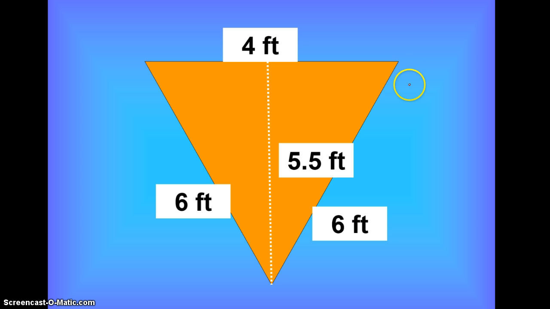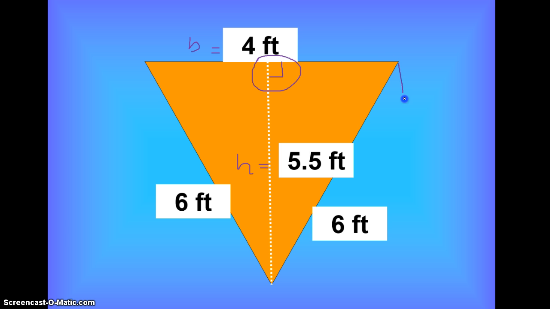Here's another triangle. You've got way more values than you need. Here's that right angle. You'd have to draw it in. Again, the dotted line, that's a good giveaway that it's the height. So we're going to use 4 feet, and we're going to use 5.5 or 5 5/10 feet.